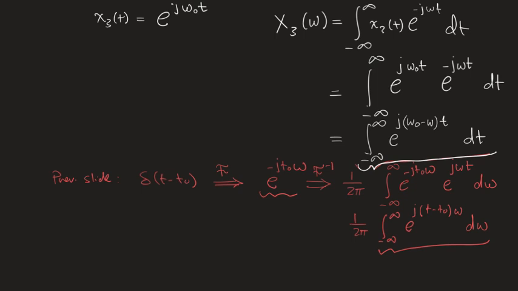So I expect now, by inspection, that this X3 of omega will be some kind of a constant multiplied by a delta of omega minus omega naught. I don't know exactly what the value of the constant is.